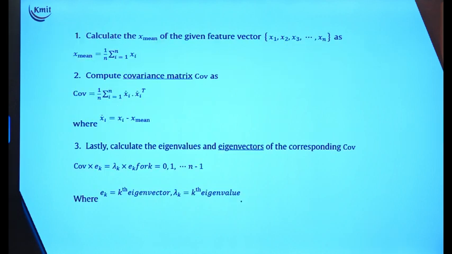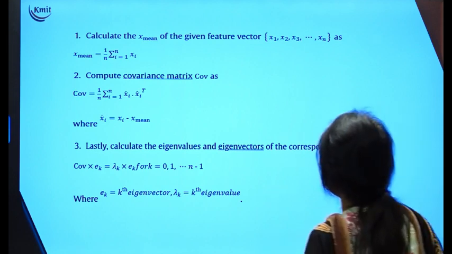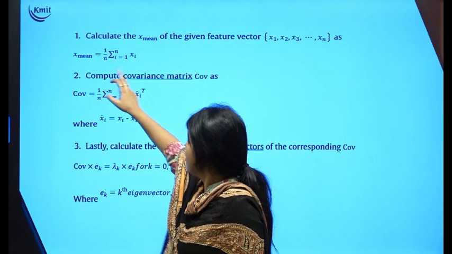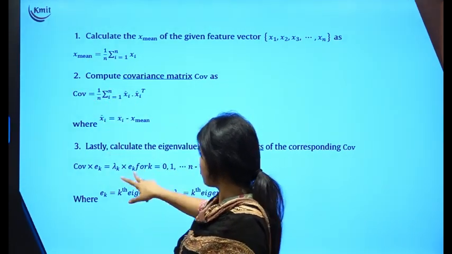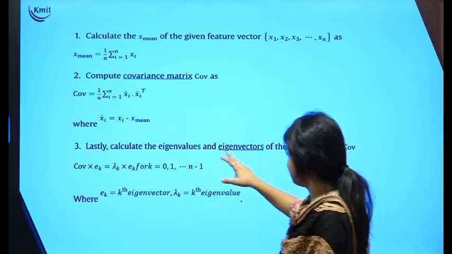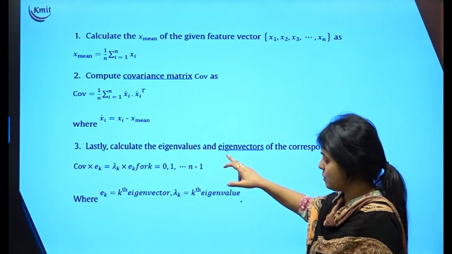Let's quickly analyze those 5 steps. I have x1, x2, x3, x4 to xn as my input values. First I calculate the mean. After that, I compute the covariance matrix with respect to the mean, and then with respect to this covariance matrix, I calculate the eigenvalues and eigenvectors for 0 to n minus 1.